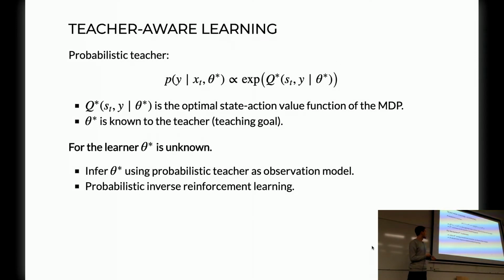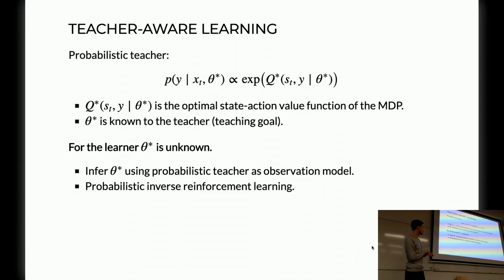Right. And now we can use this probabilistic formulation to formulate a teacher-aware learner. So now, if we think of this equation not from the teacher's point of view, but from the learner's point of view, the learner doesn't know this teaching goal. That's what it's trying to learn.